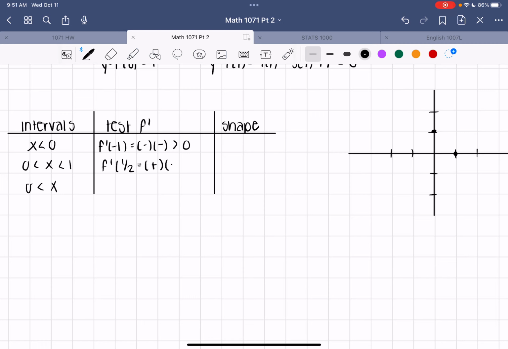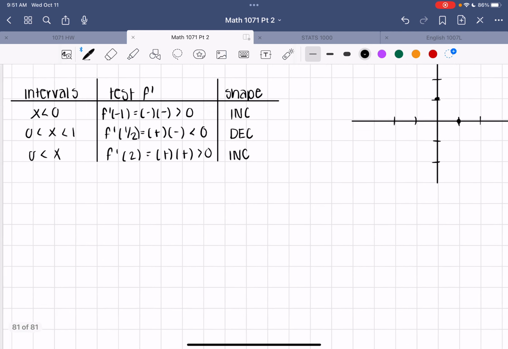Now let's get our second derivative, f double prime. Well, that would be 80x cubed minus 60x squared. And so I set that equal to 0 for my inflection points.